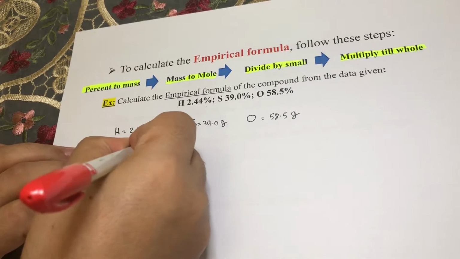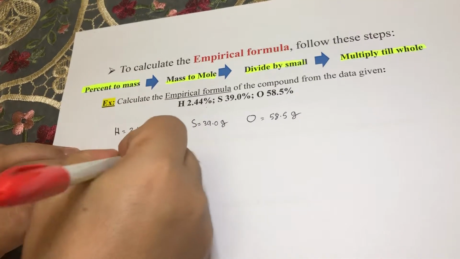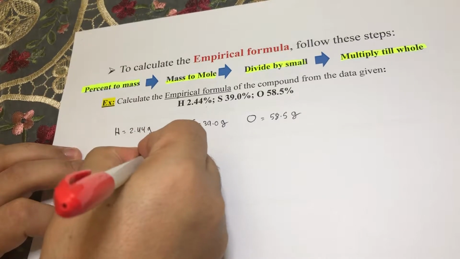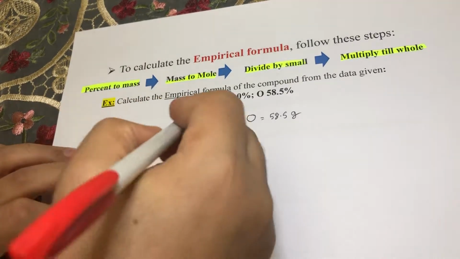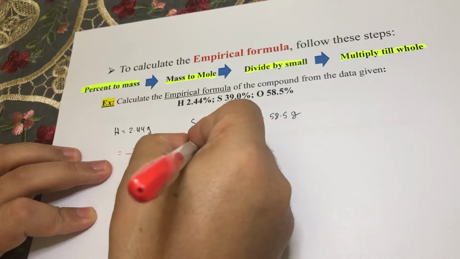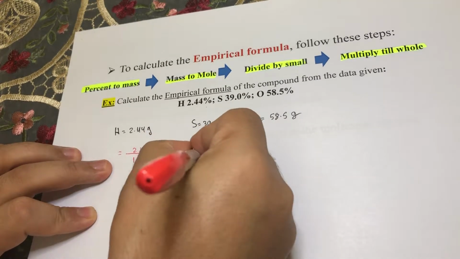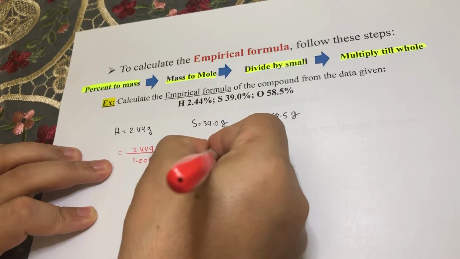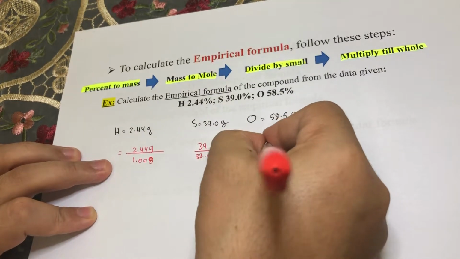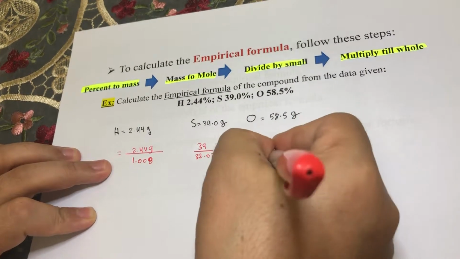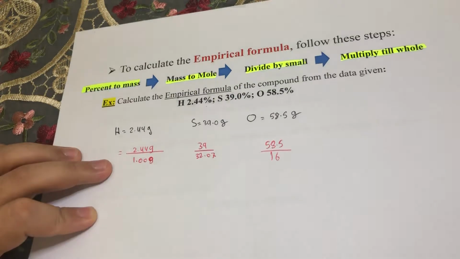So this is mass, divide by 1.008 from the periodic table. Sulfur is 39, divide by 32.07, and the oxygen is divided by 16.